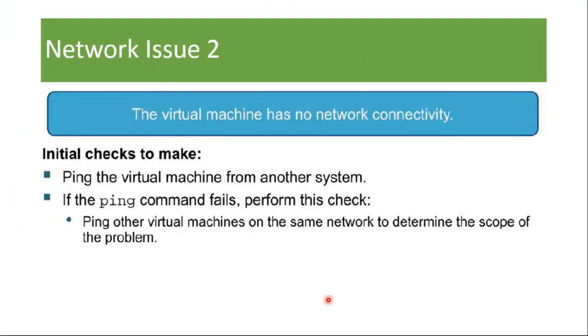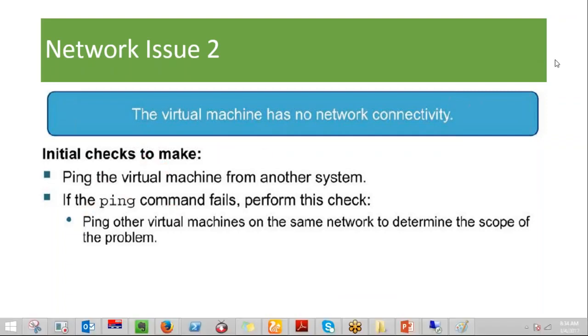Okay, moving to the next slide. One of the issues on virtual machines we are going to discuss is that the virtual machine has no network connectivity. At this stage, what steps do we have to take? First, you have to ping the virtual machine from another virtual machine or your ESXi host, because your virtual machine gateway is nothing but your ESXi host, since it has the virtual switch.